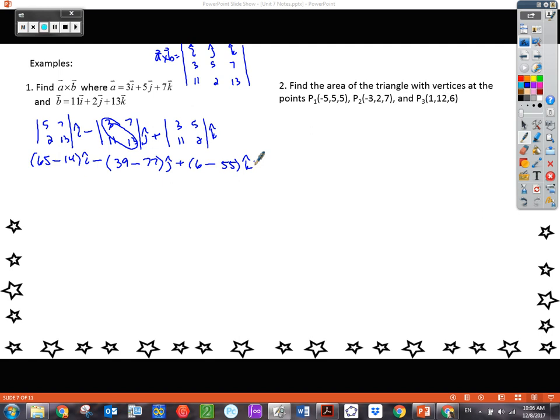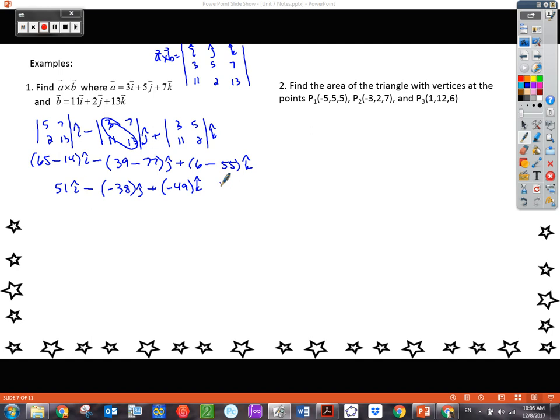Okay, the last thing that we're going to do is just clean that all up. Do the addition and subtraction that we are asked to do. So 65 minus 14 is 51, minus 39 minus 77 is a negative 38, plus 6 minus 55 is a negative 49.